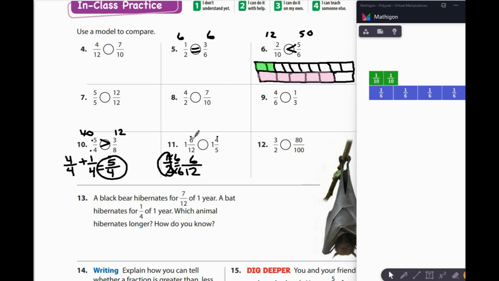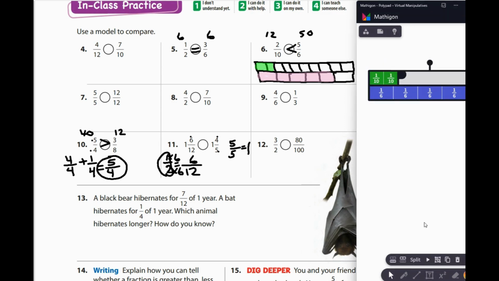So this is actually 1/2. But look at this fraction. I'm going to compare this to a whole in fifths. How many fifths would equal a whole? 5/5 equals 1 whole. I know 1 is greater than a half. That we do know, right?